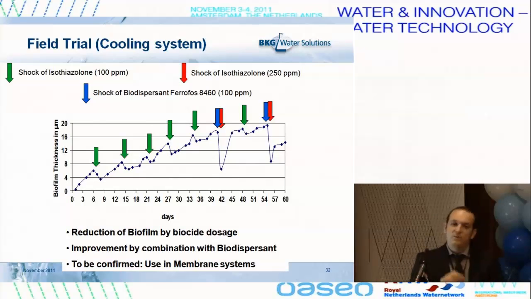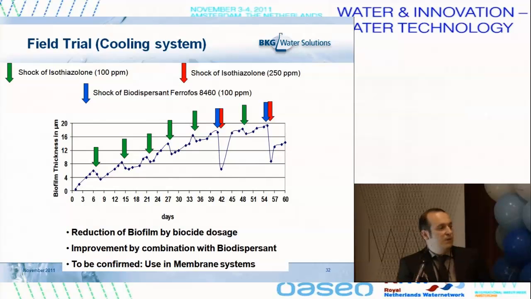And that leads to a continuous increase of the biofilm because it was never completely killed. And additionally, with the dosage of biodispersant, we could reduce the biofilm formation significantly. This was in a cooling system, not in a membrane system. So that's why we could use a biodispersant here. But with a higher dosage of biocide and with a biodispersant, you could reduce the biofilm significantly.